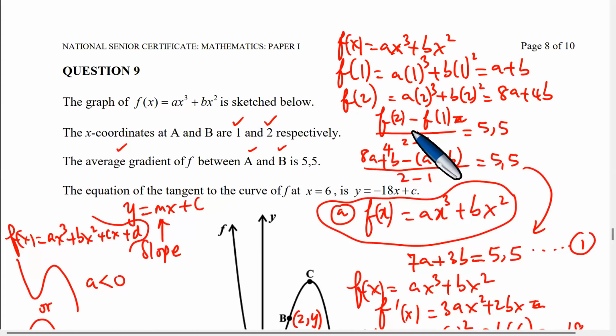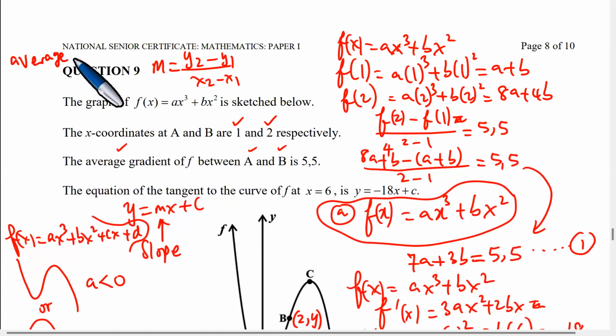So you have f of 2 minus f of 1 divided by... I need to mention that the formula we use, y2 minus y1 all divided by x2 minus x1, is actually the average gradient. So if this is the average gradient, then what do you do? You have f of 2 minus f of 1 over 2 minus 1.